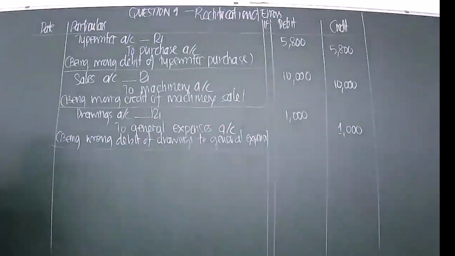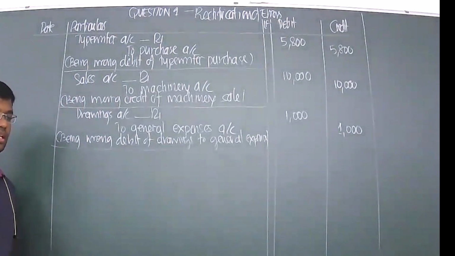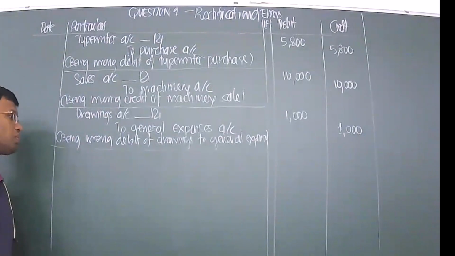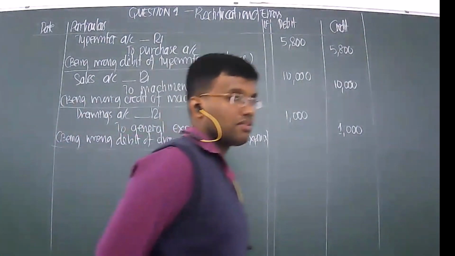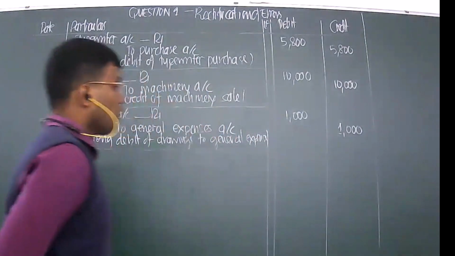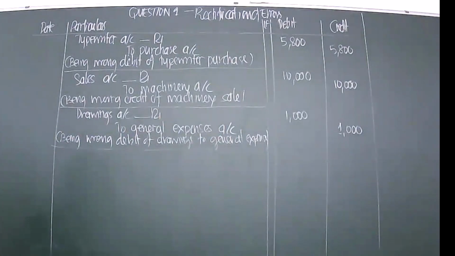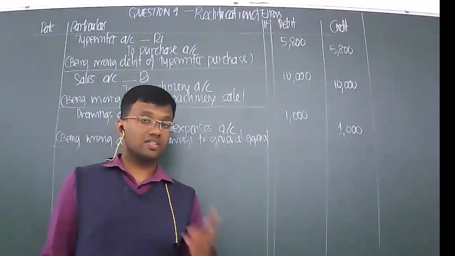So that is the next one. Fourth one. A sum of rupees 15,000 received from Sharma has been credited to Varma. So how do we deal with it? Sharma and Varma. Again, this is a two-sided error.